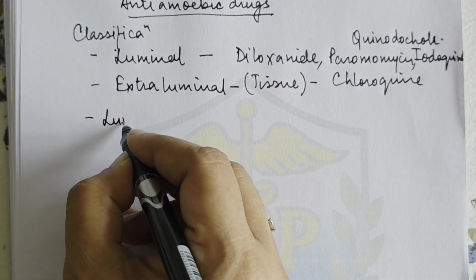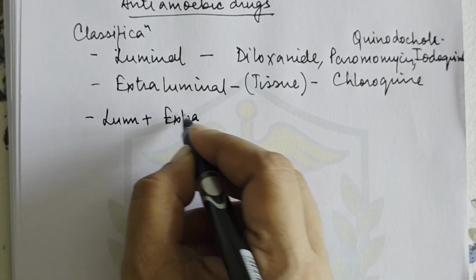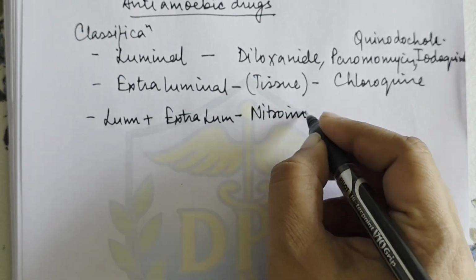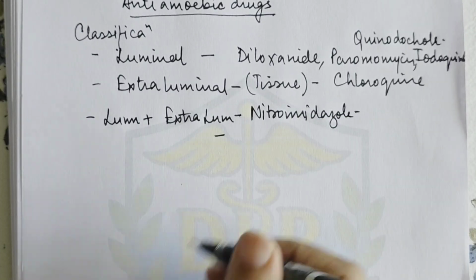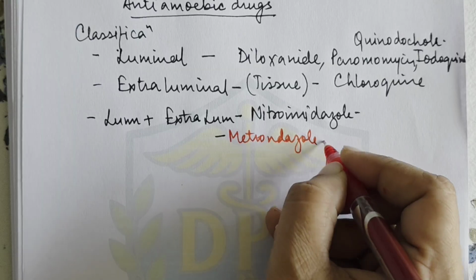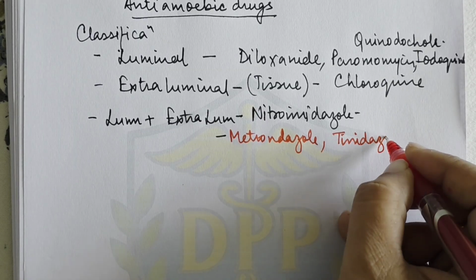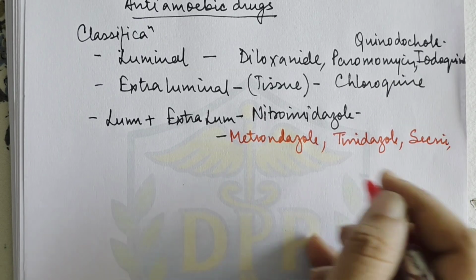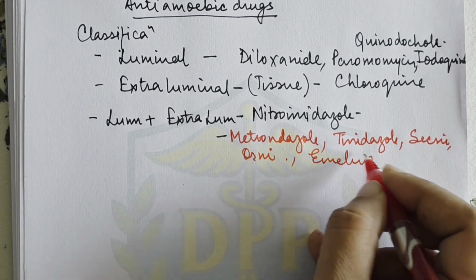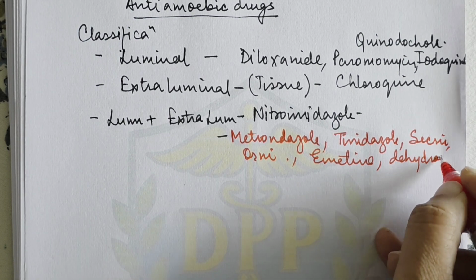And then there are drugs which are luminal plus extraluminal. In this we have the drugs which belong to the nitroimidazole group. So in this the drugs that we have are metronidazole, then tinidazole, then secnidazole, and ornidazole. Okay. Apart from that we also have emetine and dehydroemetine.